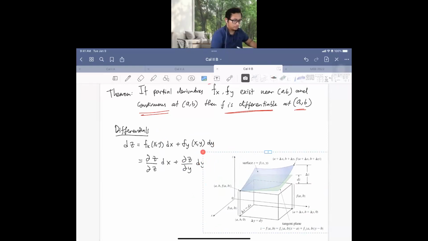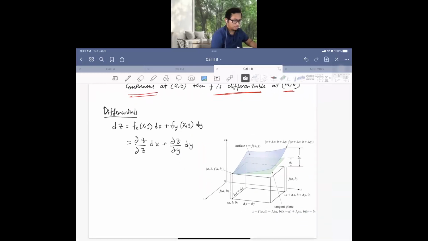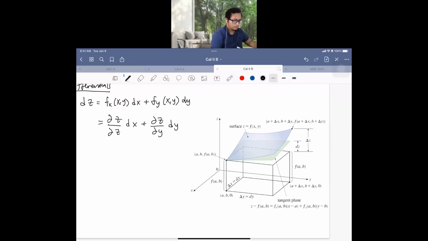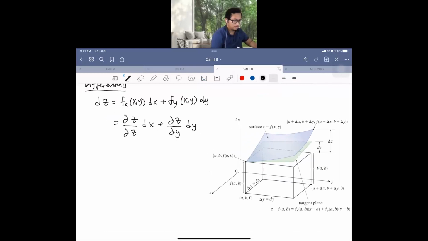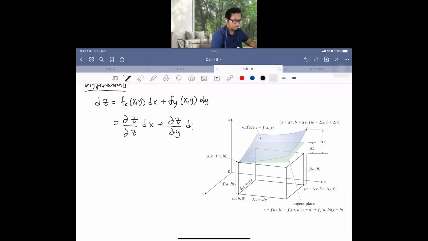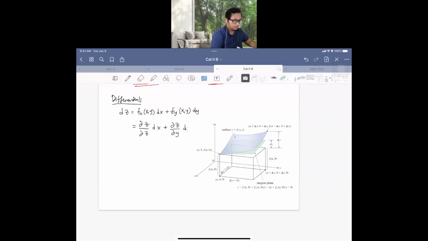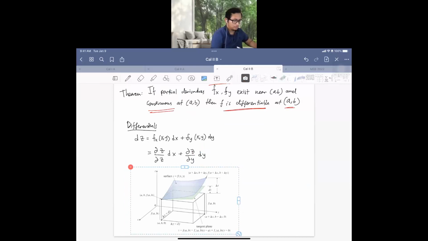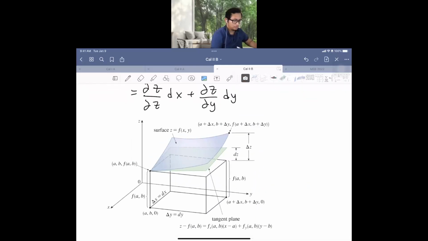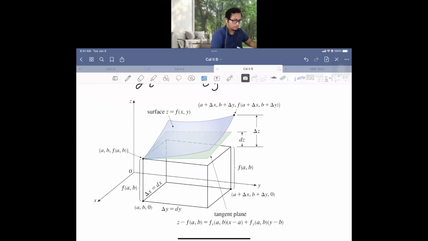Now if you see this graph, although it seems really complicated, you need to be aware that the delta z that we approached before is actually the real distance from the surface to the point that we are going to approach.